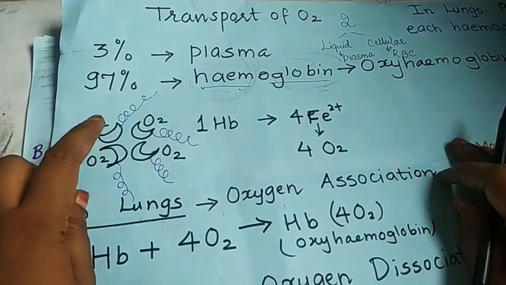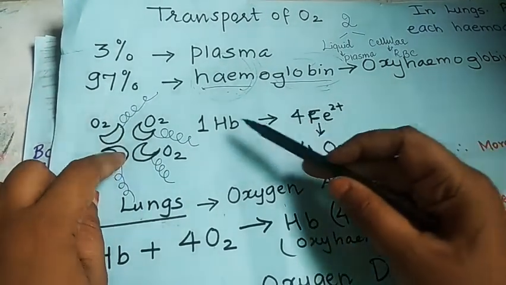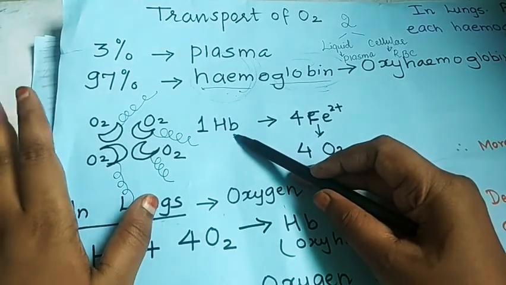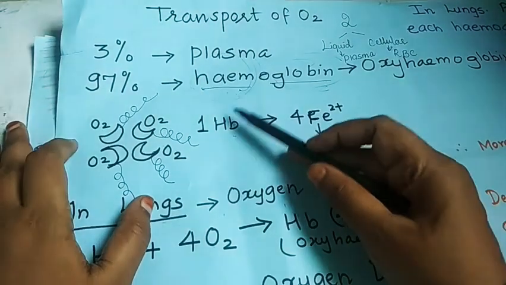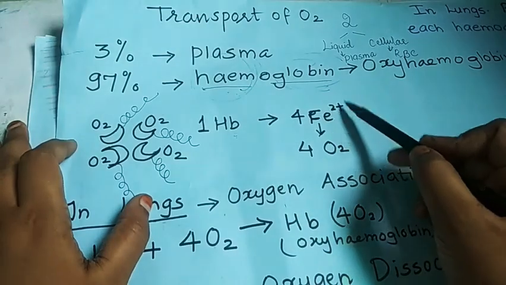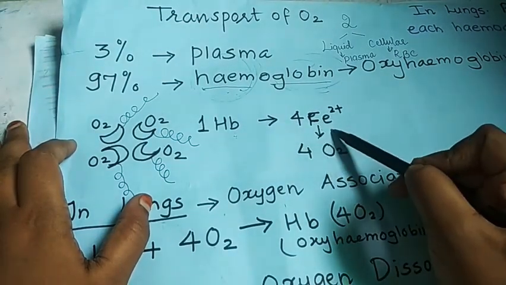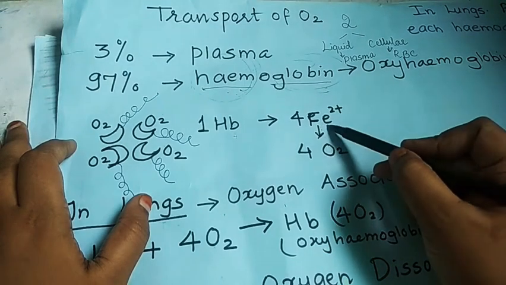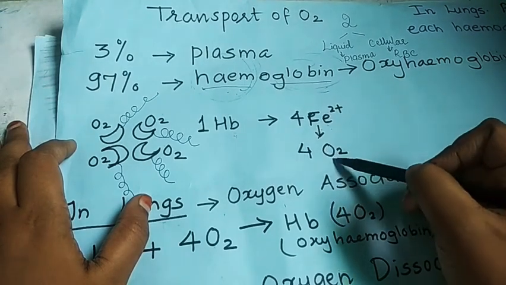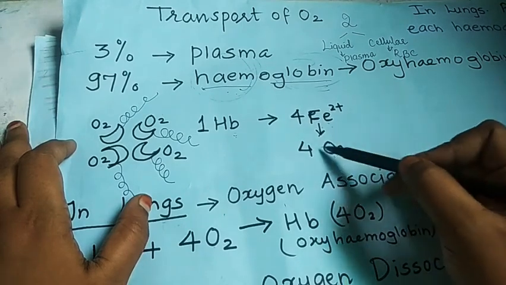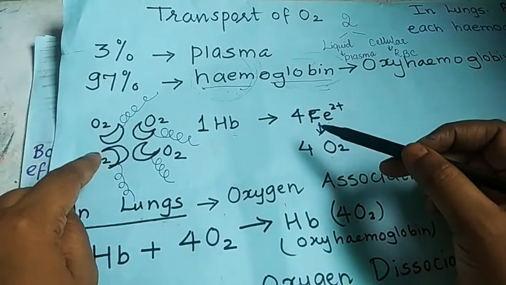I am talking about one hemoglobin, and such many hemoglobins are present in our bloodstream. One hemoglobin is having 4 sites, and at every site one ferrous is present. Each ferrous has the ability to combine with one oxygen. So 4 oxygen can attach to 1 hemoglobin.